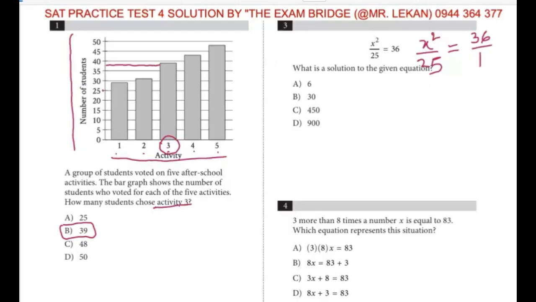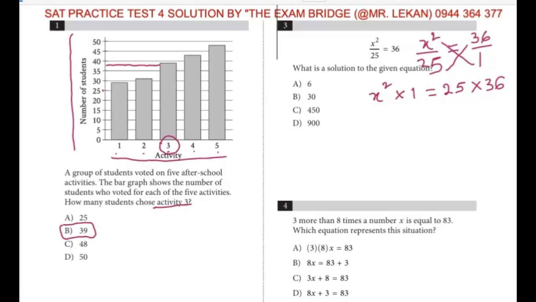The next thing for you to do here is to cross multiply. What we have here will multiply everything here. It is equal to 25 multiplied by 36.